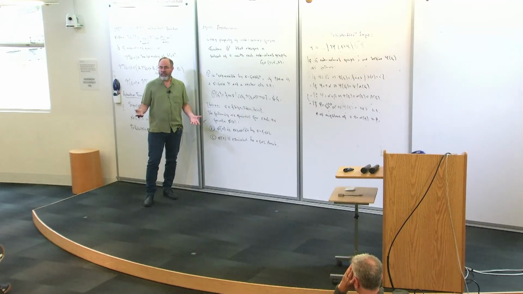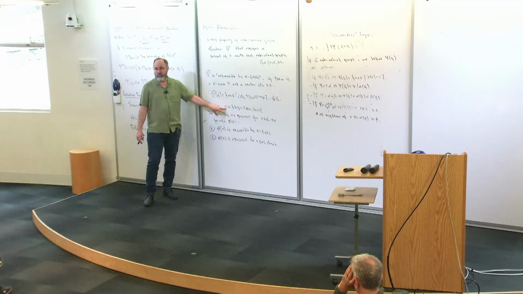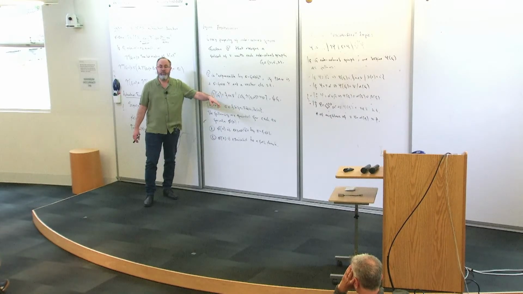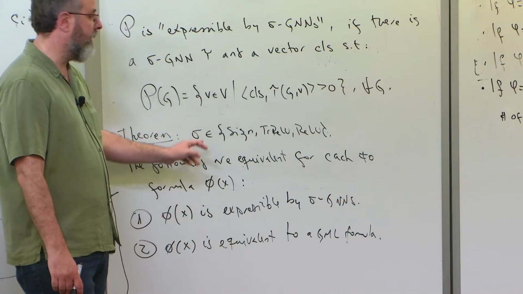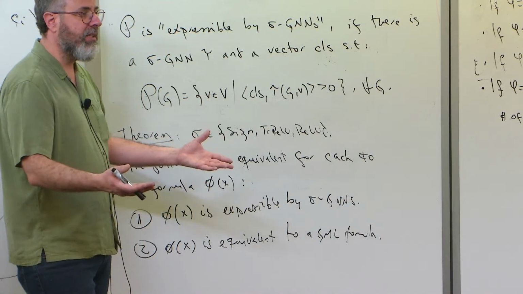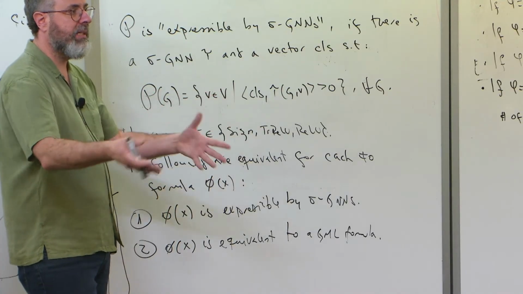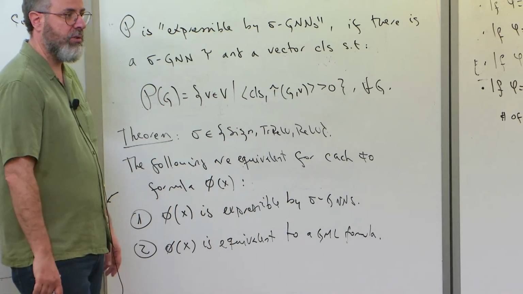And indeed, there is a result that says that if instead of one nonlinear function like this one, you use any kind of polynomial activation function, then this result doesn't hold. There are GML formulas that cannot be expressed with sigma GNNs, where sigma is a set of polynomial activation functions.